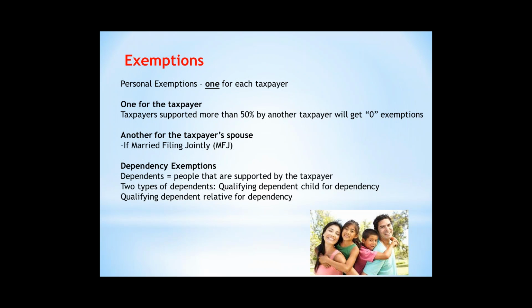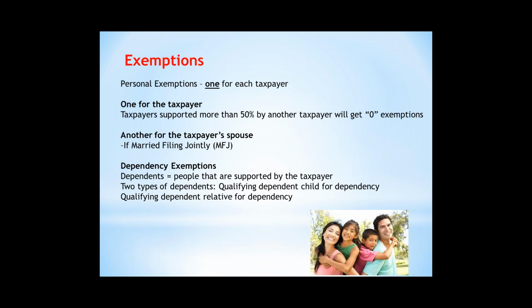I'll go through some of the examples and show you where you check off a box and it just takes the exemption from the person so that they can't file it. If a tax return is submitted to the IRS and it has already been claimed as an exemption on another tax return, the return will be rejected. So we'll know immediately within 24 hours. So it's not a big deal. It's just something to point out.